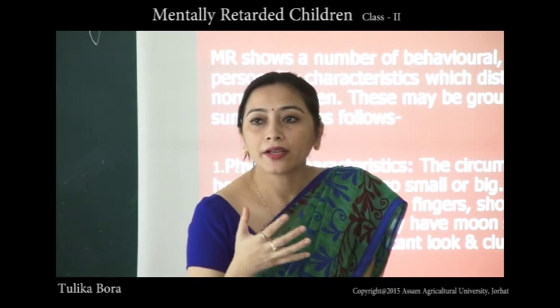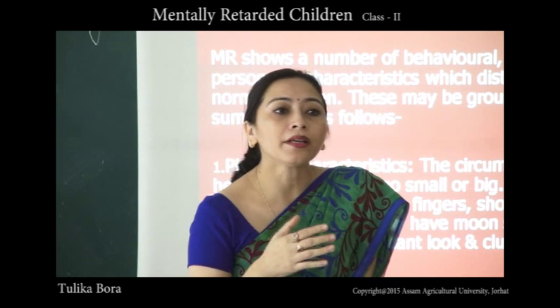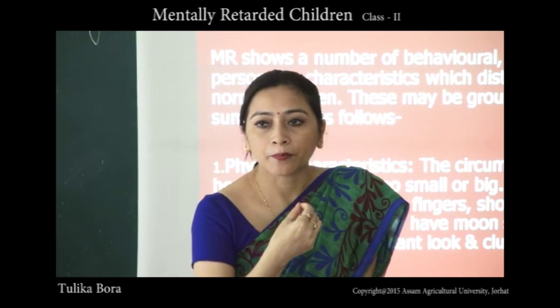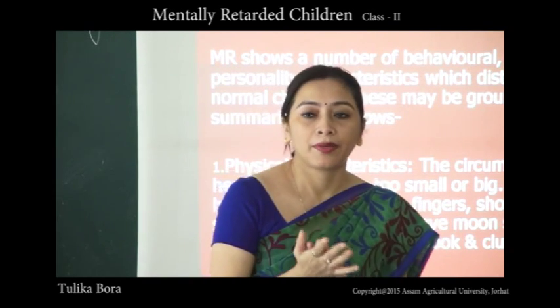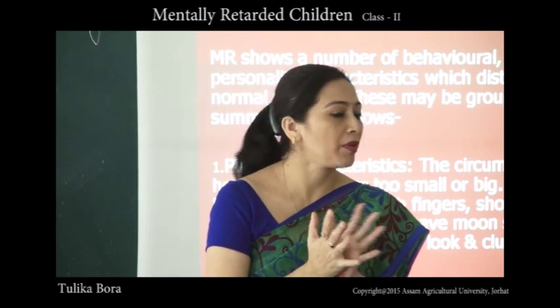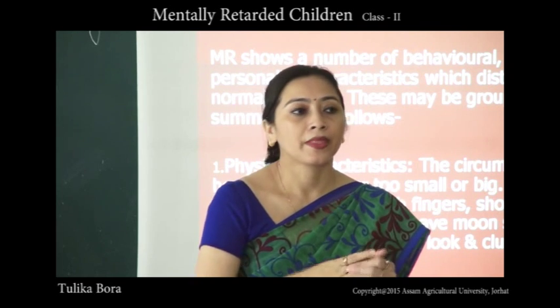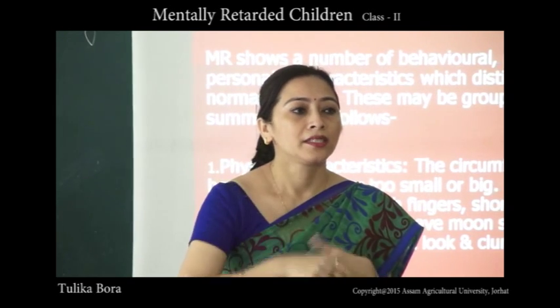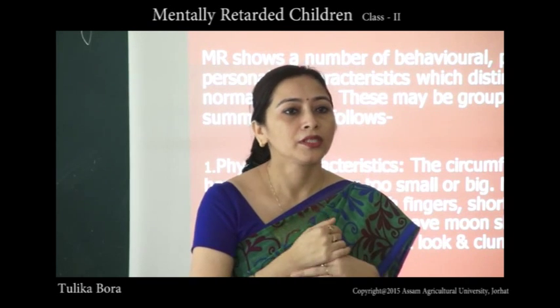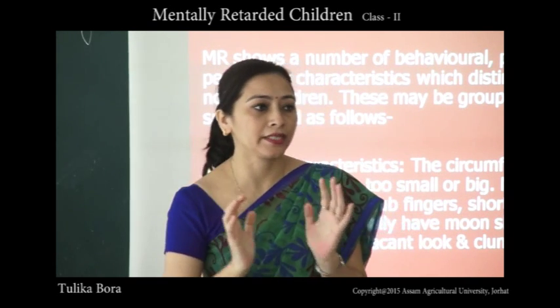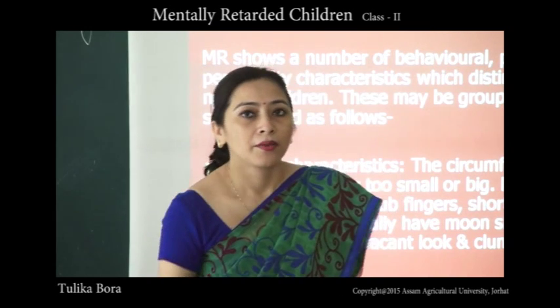If it is Down syndrome, the face is moon shaped, isn't it? Then club foot, the palms and all will be fluffy. Okay, then short stature, sometimes saliva comes out from their mouth. So these types of physical characteristics you can see, and a blank face.